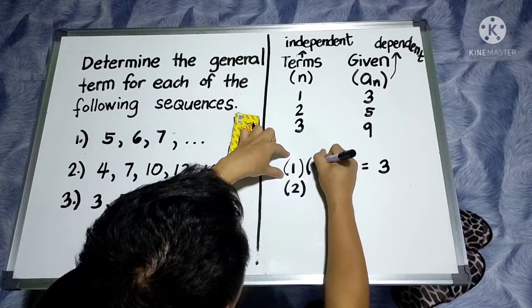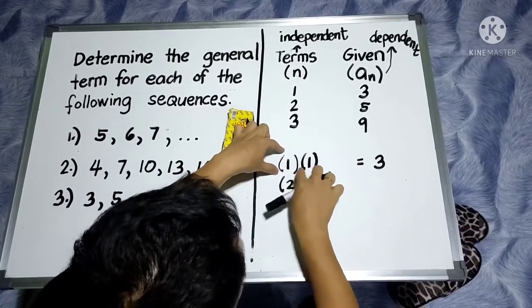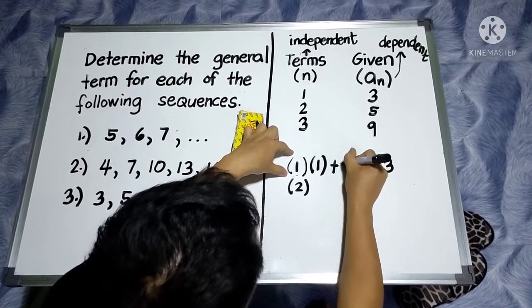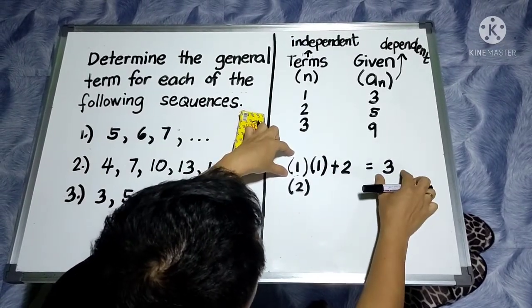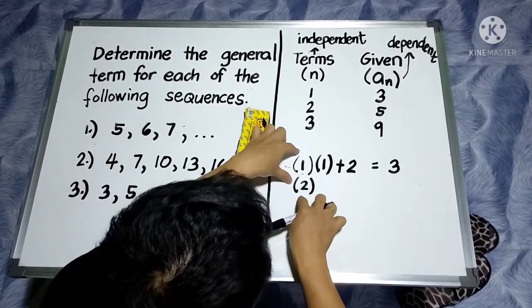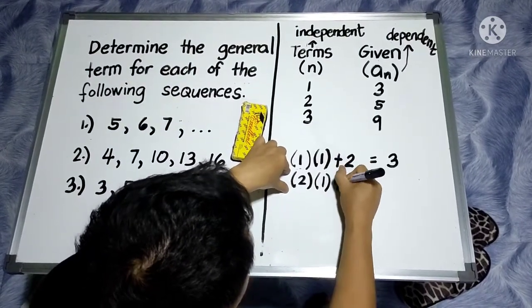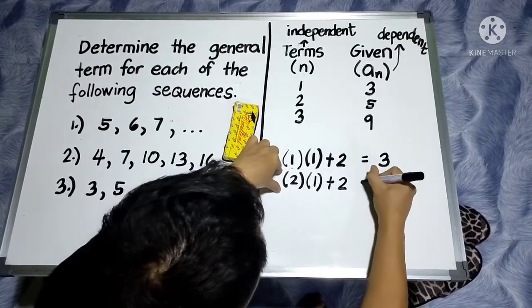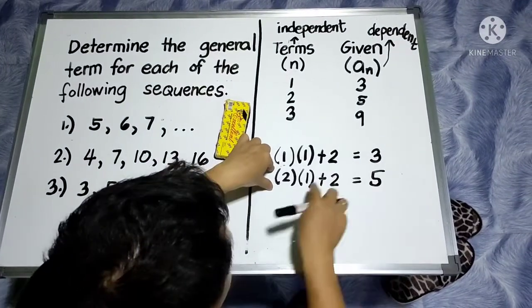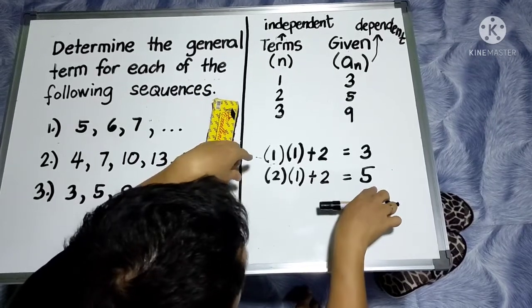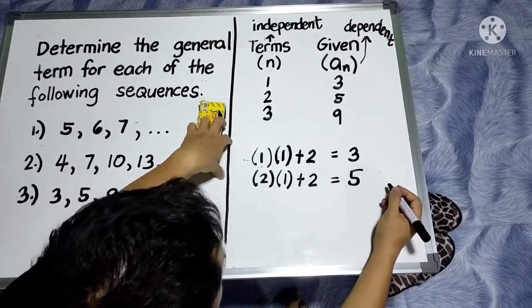So, 1 times 1 is 1. So, you'll have plus 2 to get 3. Let us check if it's true for the second term. 2 times 1 plus 2 is equal to 5. 2 times 1 is 2, plus 2 is not equal to 5 because it is 4.